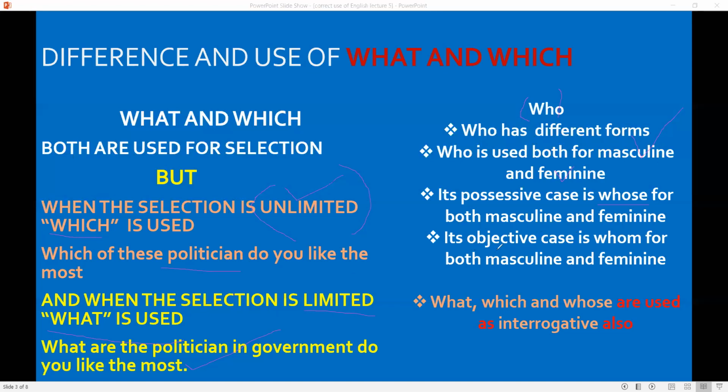Its objective case, objective, on whom something is being done, whom is used as an objective of who, and it is used for both male and female, masculine and feminine. What, which, and whose are used as interrogative words. This is not the only function of what, which, and whose, but it's one function of them that they can also be used to ask questions.